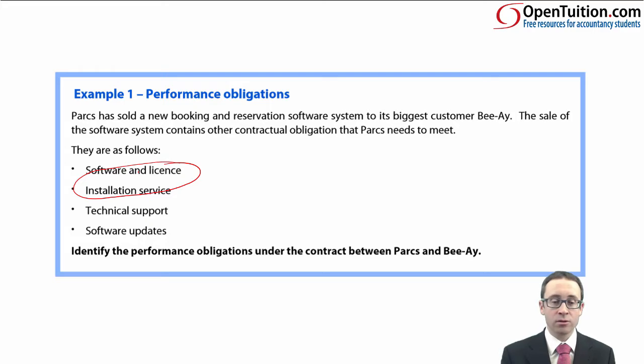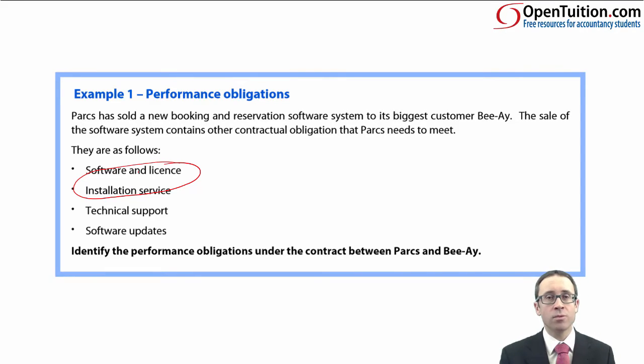However, with regards to technical support and software updates, I suppose that's something for BA, the customer, to decide upon itself. Could BA buy the technical support separately if it didn't enter into the initial contract? I'd have thought so. The software updates, if BA didn't buy them as part of the initial contract, could it buy them separately afterwards?